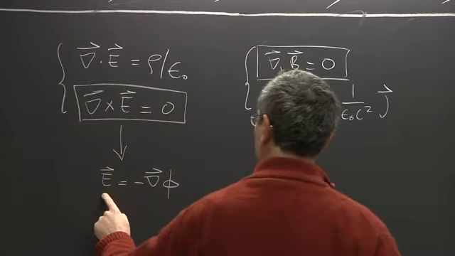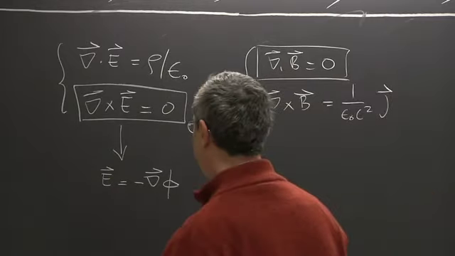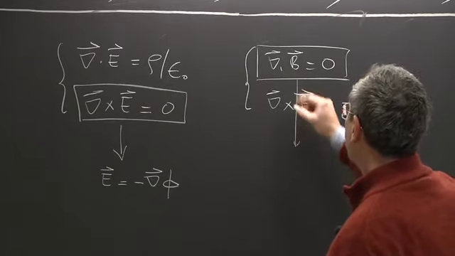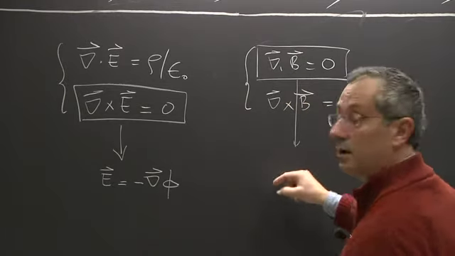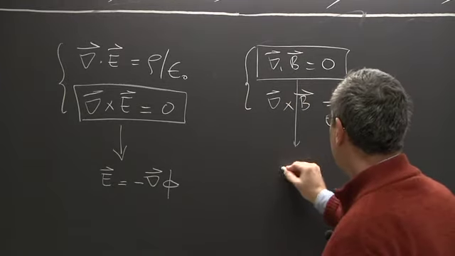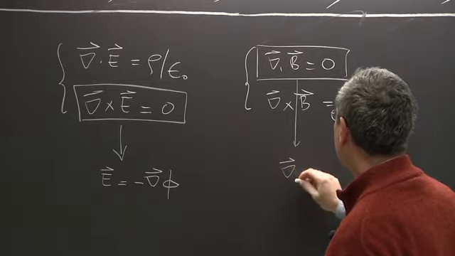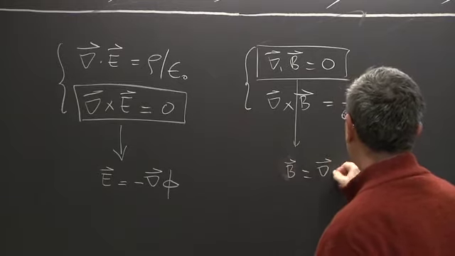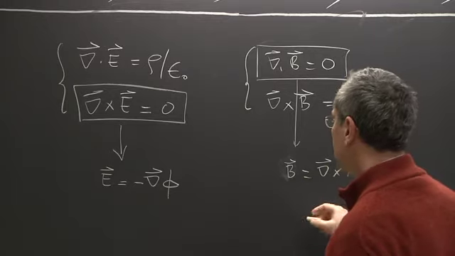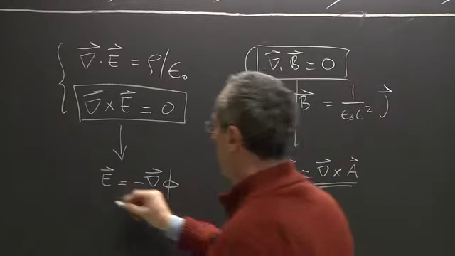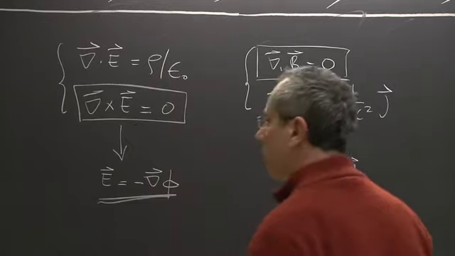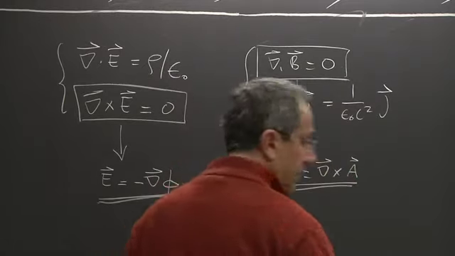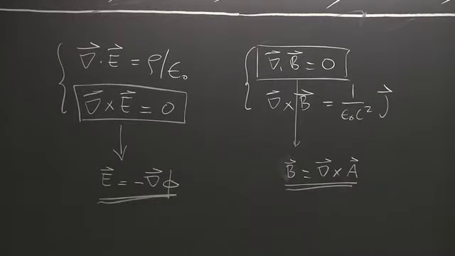So this is a vector field, this is a scalar field, and every time you have a divergence-less field, this can always be derived from a curl of a vector that we call A. And this we call the scalar potential.